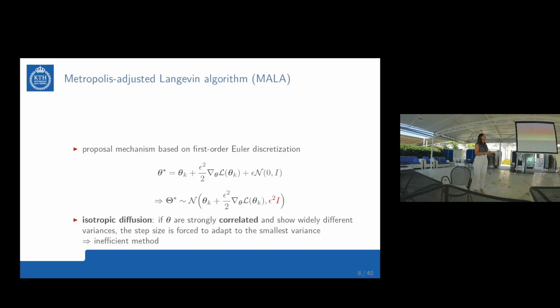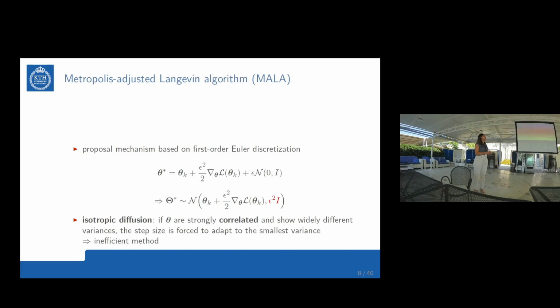So if we move with this isotropic rule, we are not adapting to the real, proper geometry of the space. And this can lead to inefficient moves in the parameter space that can also reduce the acceptance probability and bring the problems that I told you before.